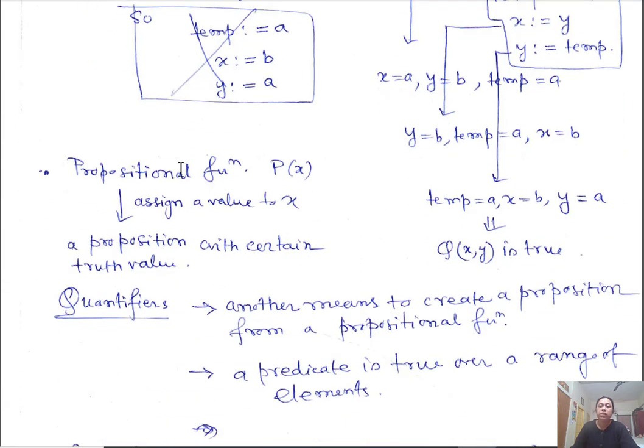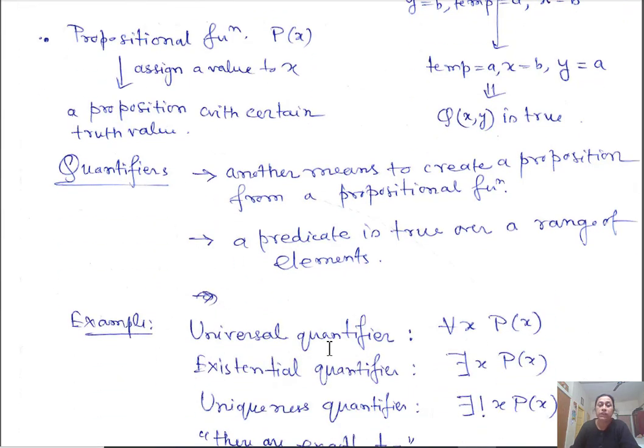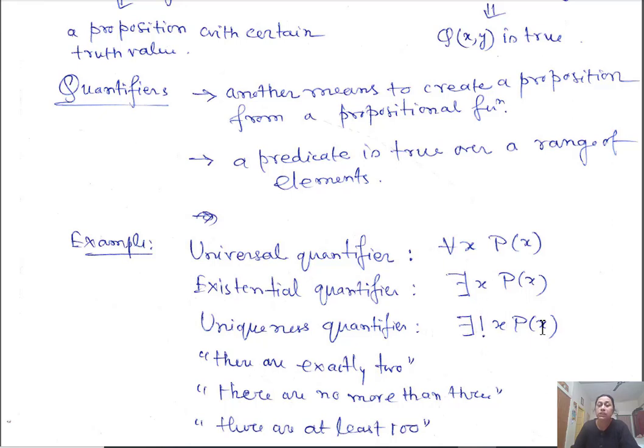So a propositional function, when you assign a particular value to the variable, gives you a proposition with a certain truth value. Now another term is quantifiers. There are several quantifiers: the universal quantifier, for all x, P(x); the existential quantifier, there exists x, P(x); and the uniqueness quantifier, there exists a unique x, P(x).